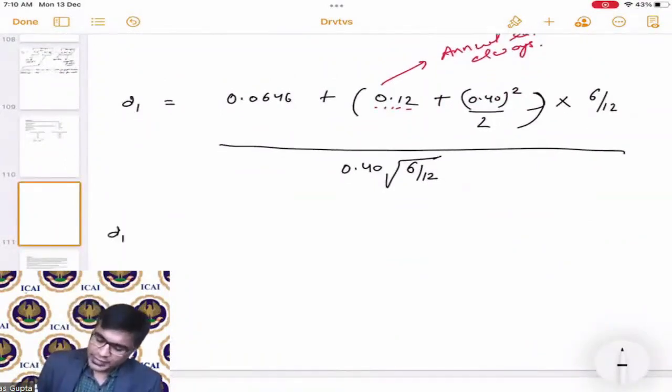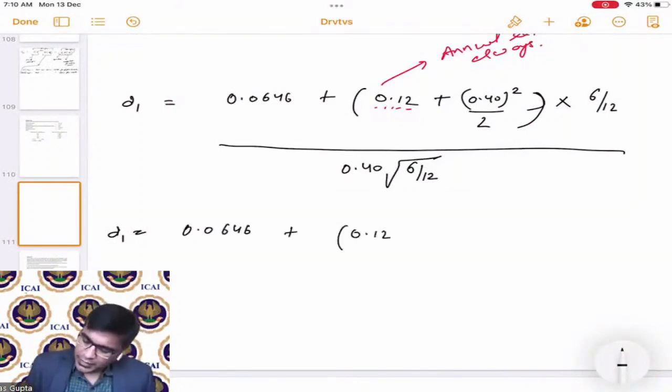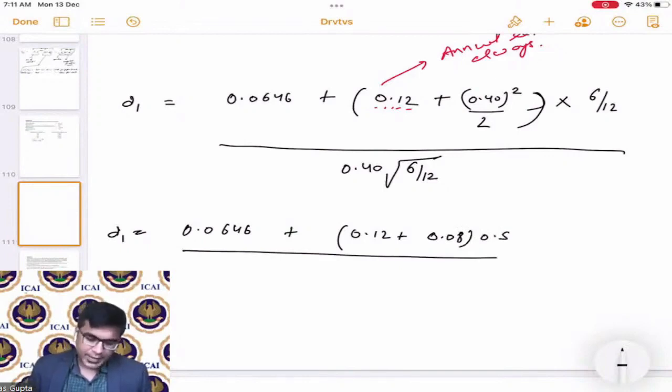Now, if we solve this step by step, what we will get is 0.0646 plus 0.12 plus 0.40 square divided by 2. If we open this, it will come as 0.08, and 6 by 12 is 0.5, divided by, and if we solve this, we will get 0.2828.